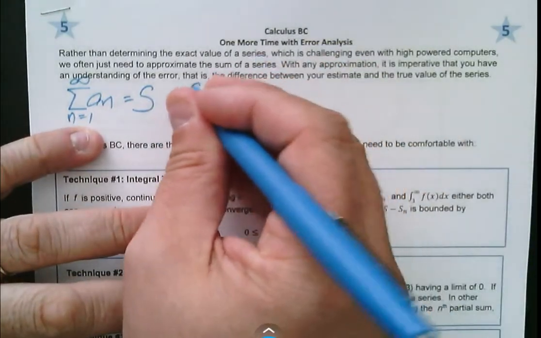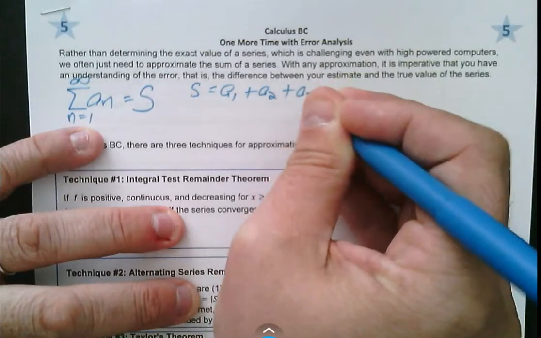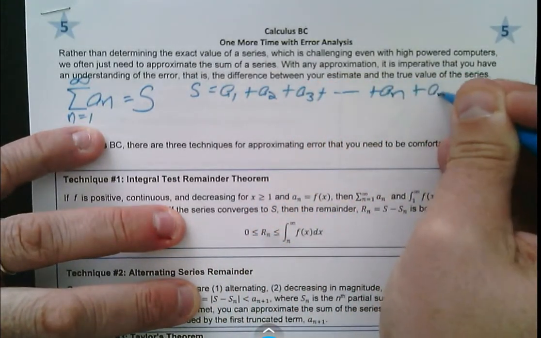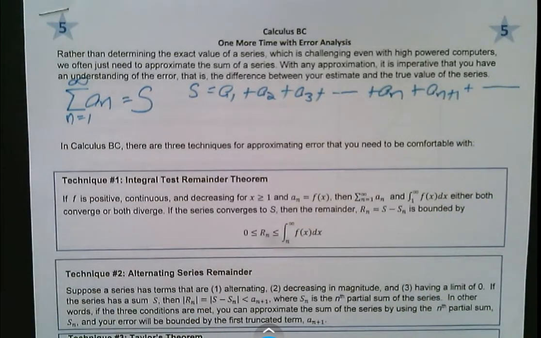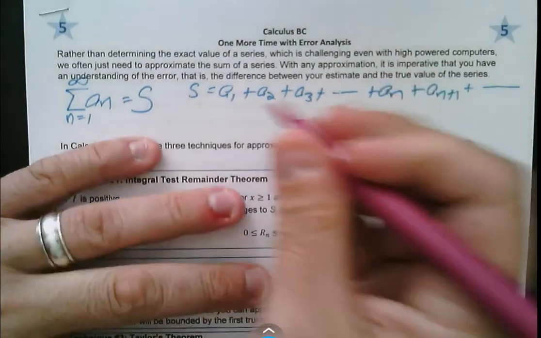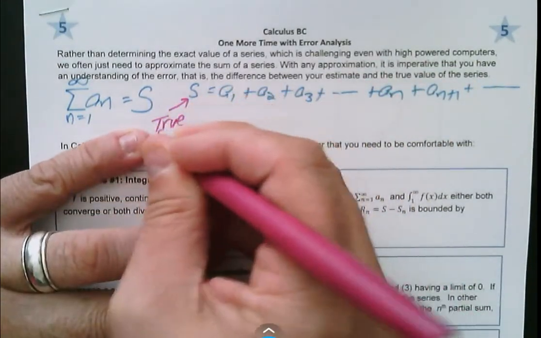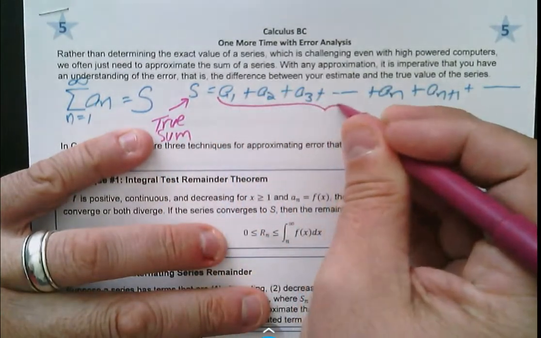So instead, let's look at A1, A2, A3, ... a sub n, and then you've got the terms that come after it. Sometimes what you're asked to do is a partial sum. The true sum is big S, but what I want to do is a partial sum.